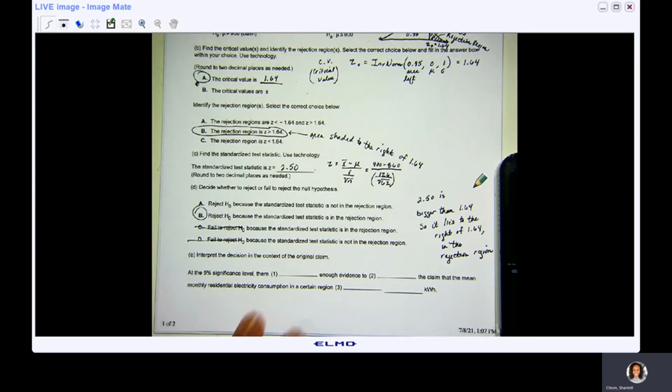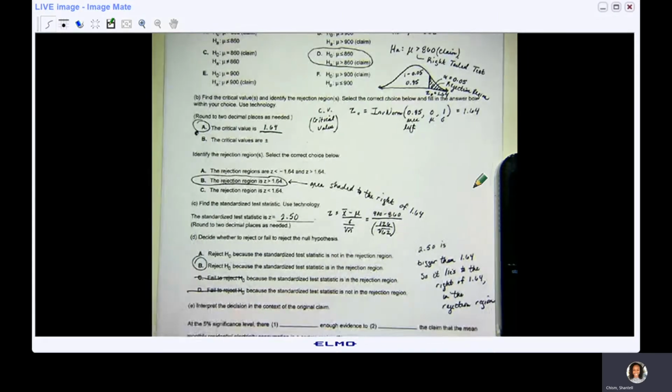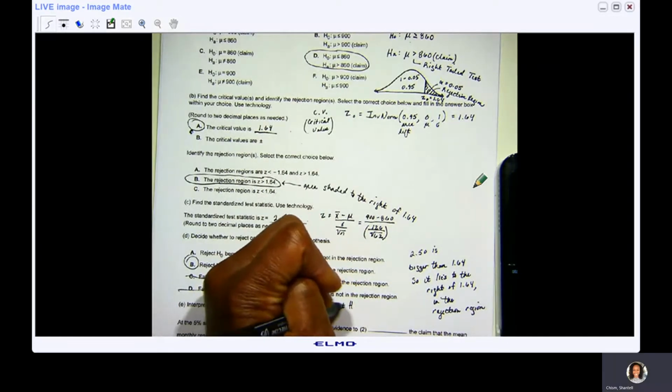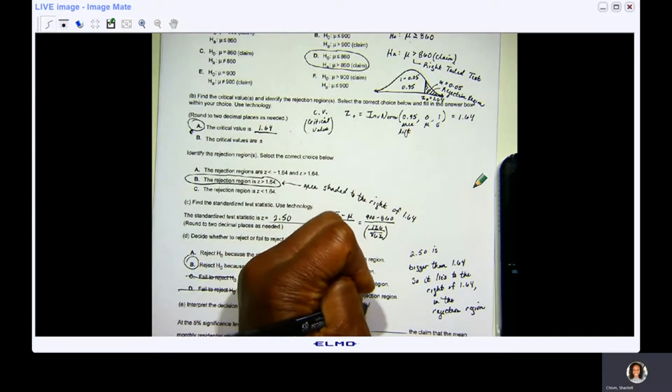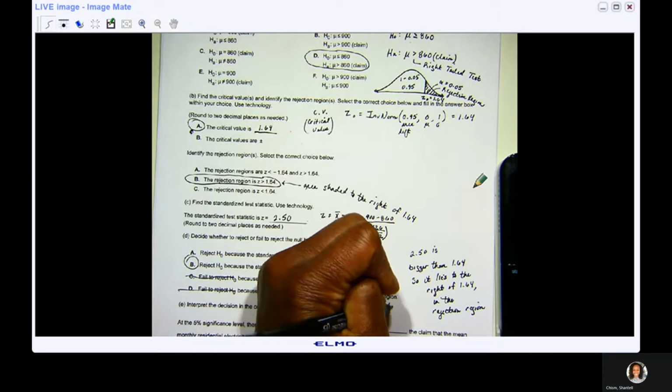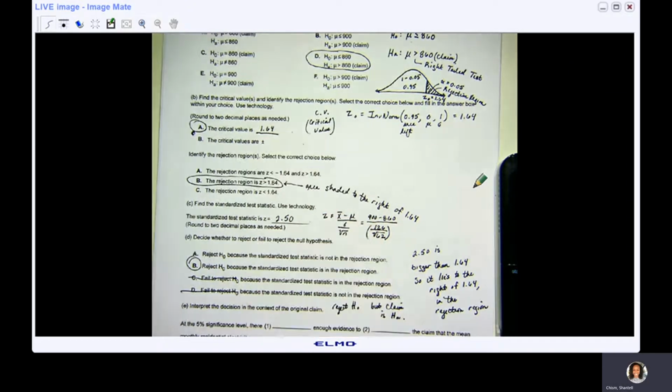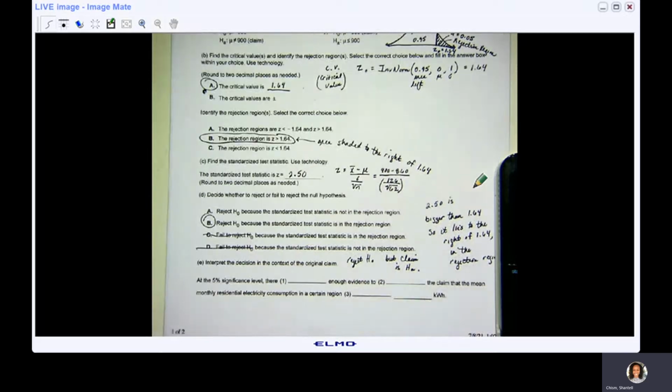Okay, let's go back here. So we reject H naught. Let's be clear on this. We reject H naught, but the claim is HA. So think about it. You're rejecting H naught. You are throwing away H naught. You are left, therefore, with HA. And lo and behold, the claim is HA.